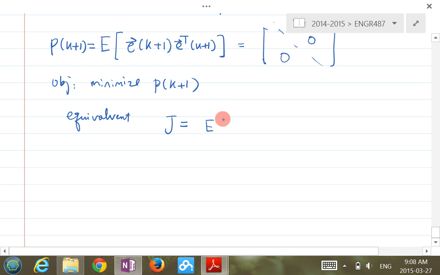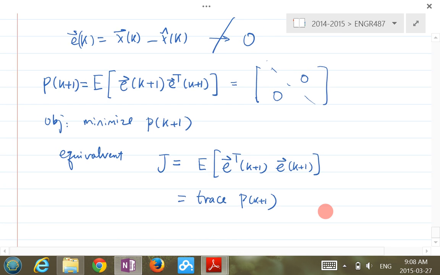If you create another performance index, instead of E times E transpose, this is E transpose E. When that one is minimized, this becomes the trace of this. It's equivalent.